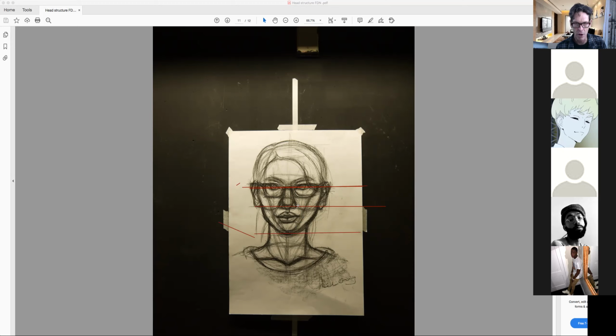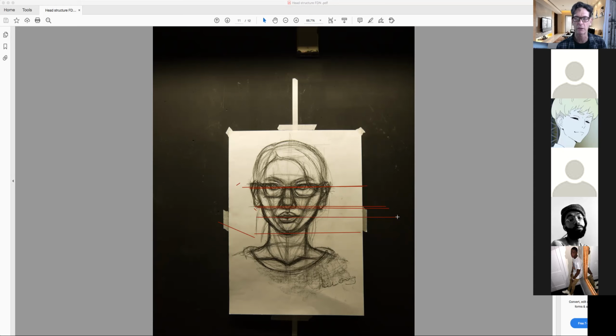I even brought that line up a little bit because I thought it would be too high, but it actually could be a little lower. So somewhere right here, that's about the middle between the eyes and the chin. And where's the middle of the mouth? Somewhere about the middle between the bottom of the nose and the chin.